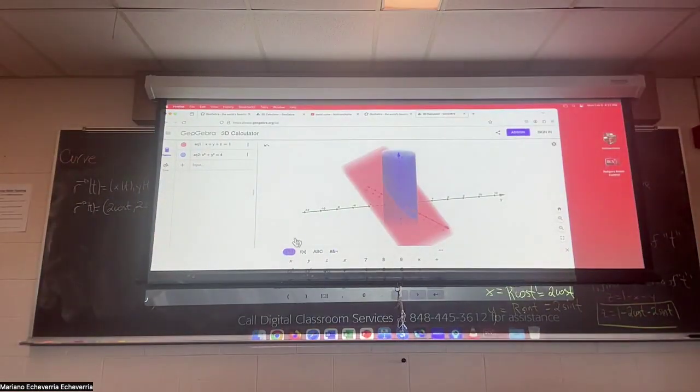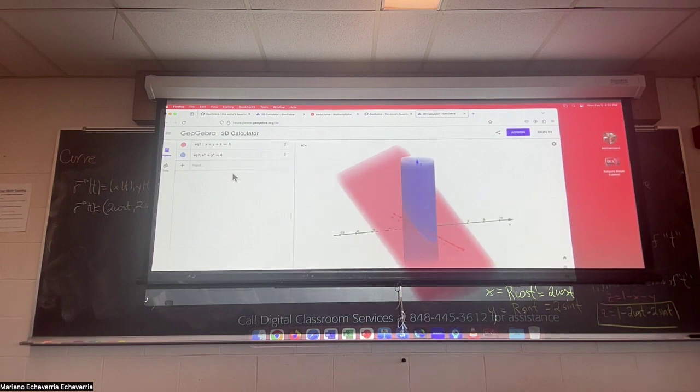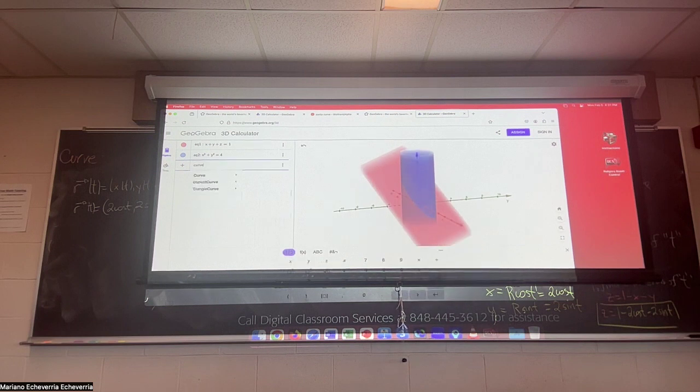Okay, so again we had the cylinder and the plane. If you wanted to plot the curve, you use the parameterization of the curve. So what was the first entry? It was 2 cosine of t. What is the second entry? 2 sine of t.